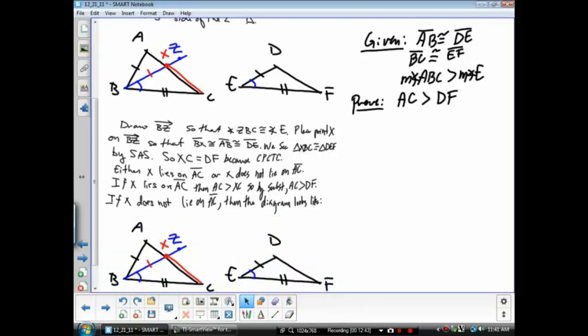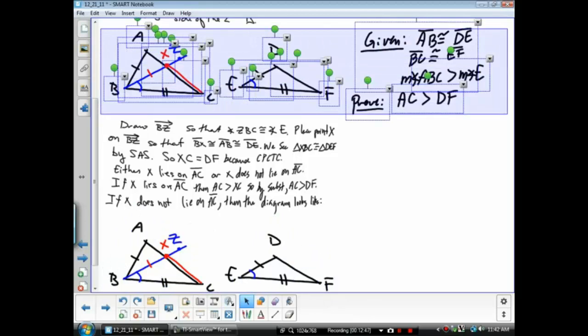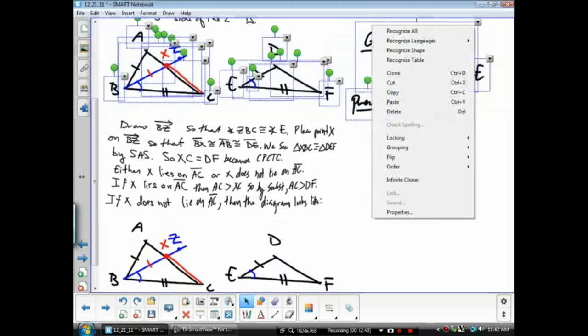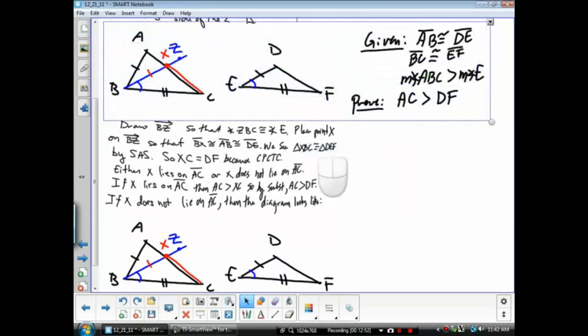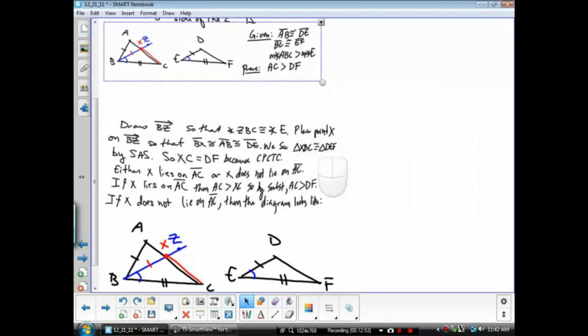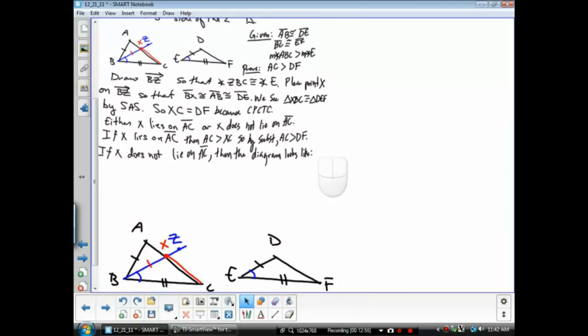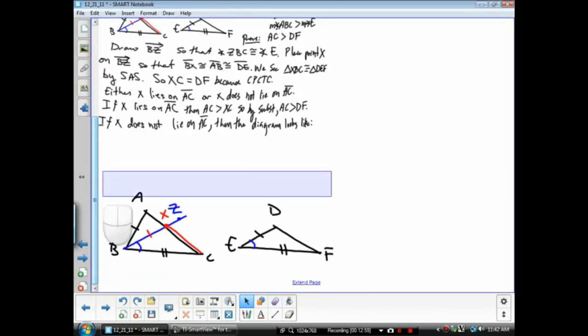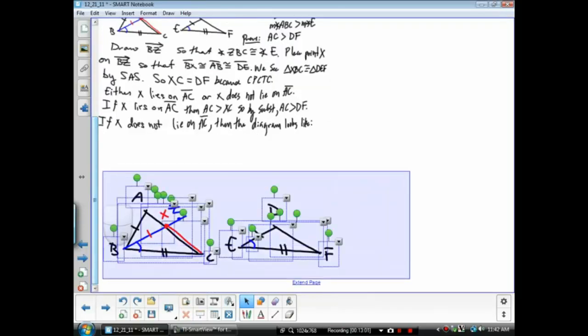Okay. So I'm going to shrink this back down because we no longer need it so large. And we can move this stuff up. Let's make this diagram look like it's supposed to look.